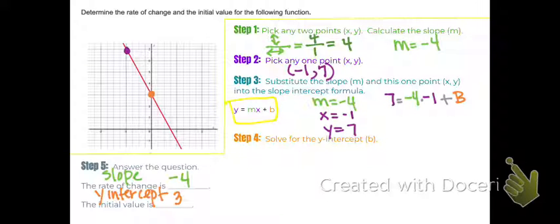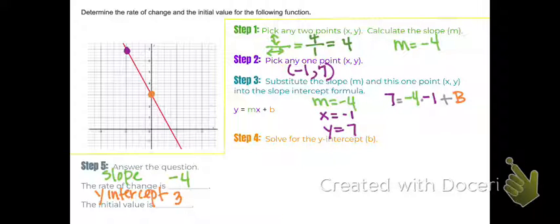Because what the slope-intercept formula tells us is y, which our y is 7, equals the slope, m is -4, times x, our x is -1, plus b. And I'm just using a capital B because my lowercase b looks like a 6. Now we can solve this equation and see what b equals.